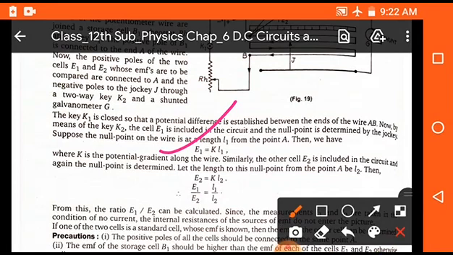This is the formula for the cell E1. In the same way, E2 is equal to K times L2. On dividing, we get E1 upon E2 is equal to L1 upon L2. So by the above formula, we can compare the EMF of two cells very easily.